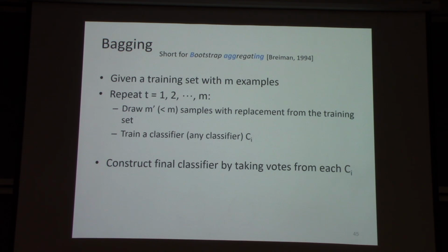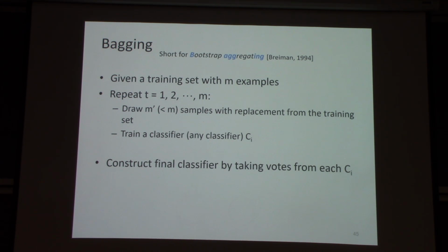So you have a different data set that you have sampled from the original one with replacement. You train your classifier on that. And you repeat that many times. You repeat that thousands of times. And so you have thousands of classifiers that have all been learned on different subsamples of the training set. Your final classifier is just a vote.